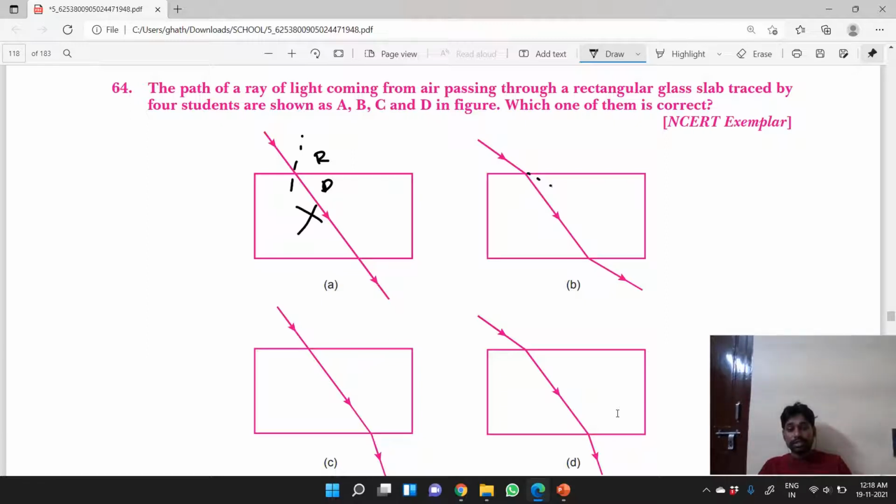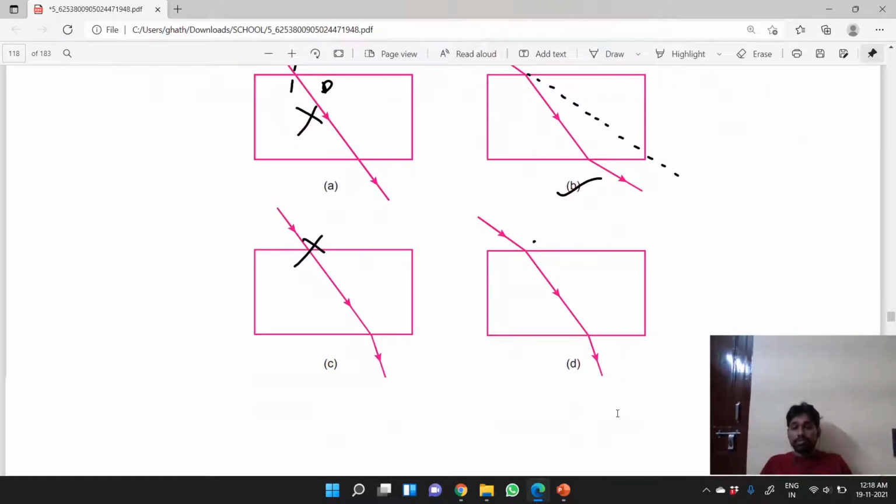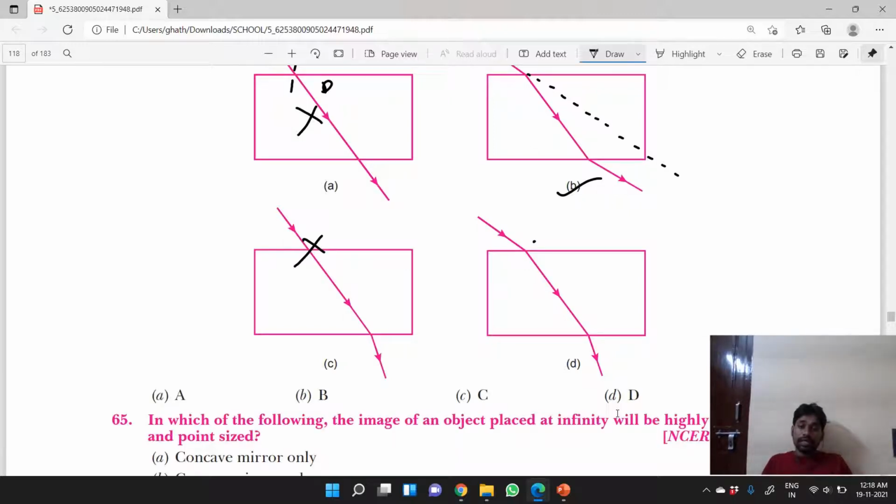Here the ray is refracting at both the surfaces, so answer B is correct. Here it is bending after emerging, but it should be parallel to the incident ray. In this case it is not parallel, so that's wrong.